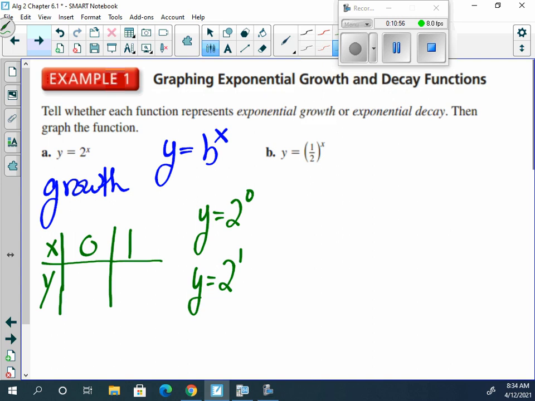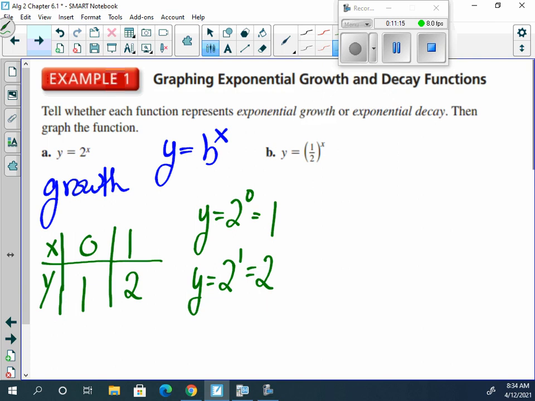Well, anything to the 0 power is 1. And 2 to the 1 is? So that kind of gives me 2 points.